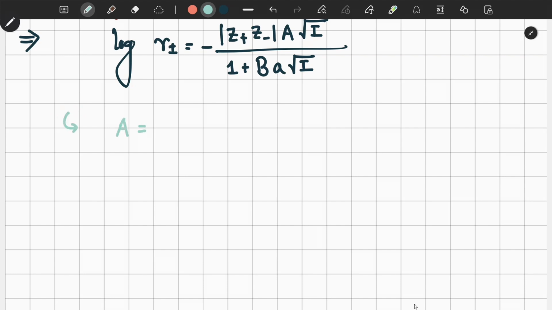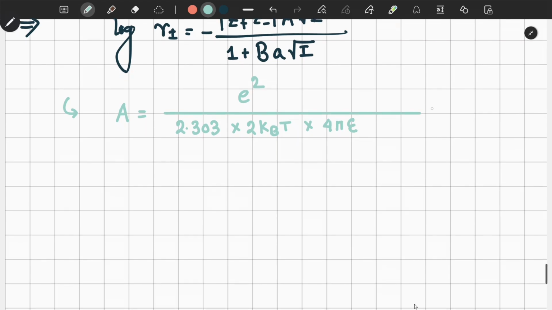A is e square divided by 2.303 into 2 kBT into 4 pi epsilon, this part, into 2 square Na divided by epsilon kBT to the power half.